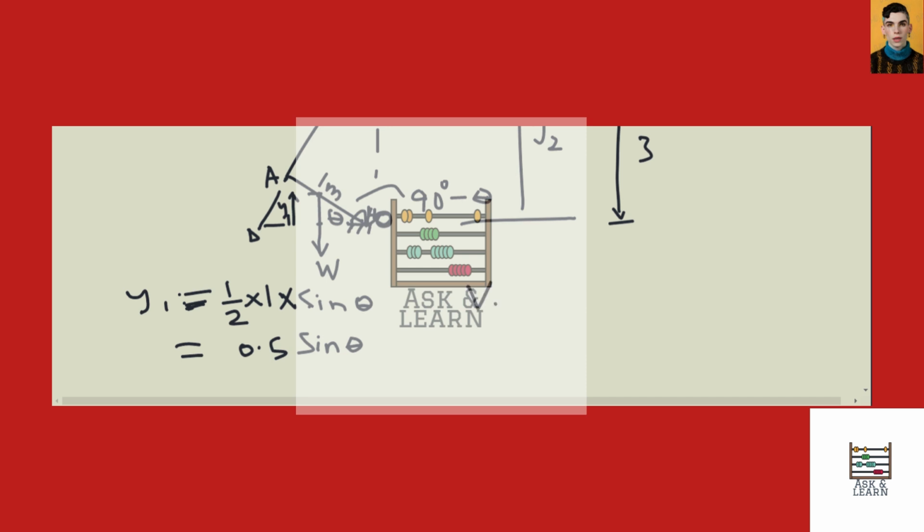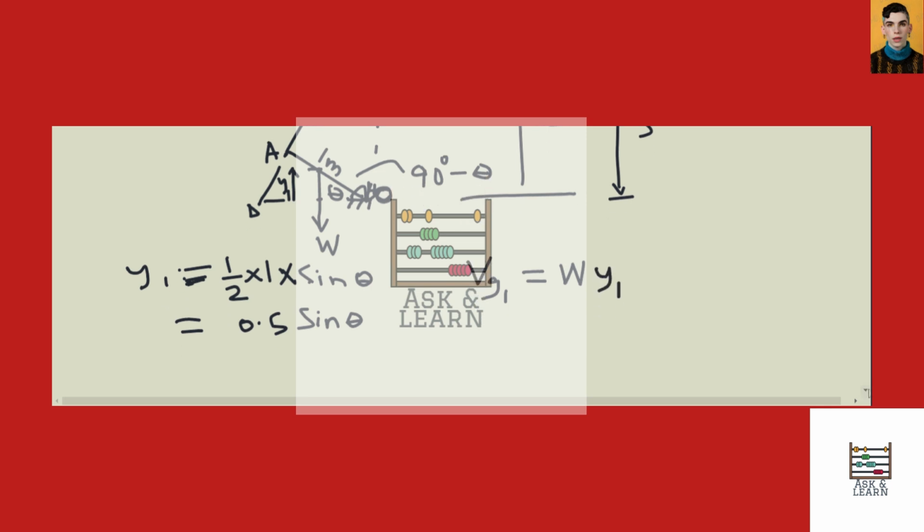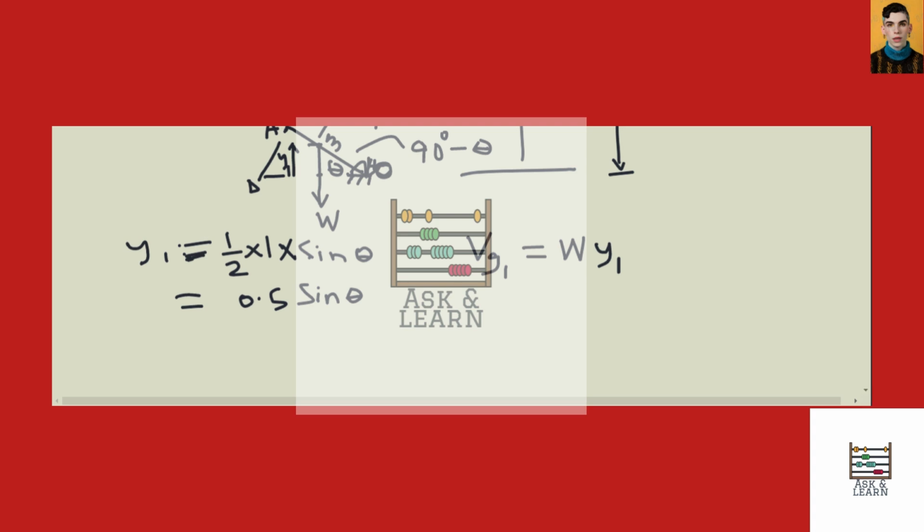Now for the total potential energy, for the rod, the weight of the rod is going to give us a positive potential energy, because the center of gravity is above the datum.